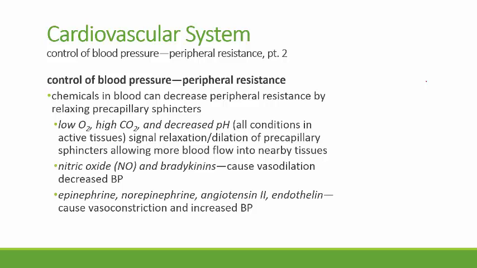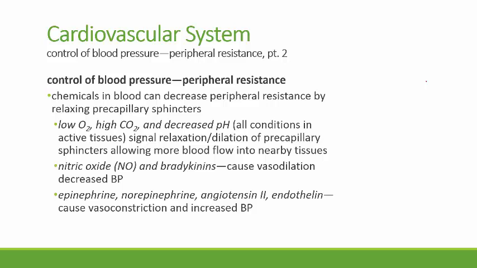So if we have low oxygen, high CO2, and a decrease in pH, so more acidic conditions, these are all the kinds of conditions that we find in active tissues, that signals relaxation and dilation of precapillary sphincters, and as a result we see more blood flow into those tissues. So the more of these capillary networks that we open up, the lower the blood pressure will be.